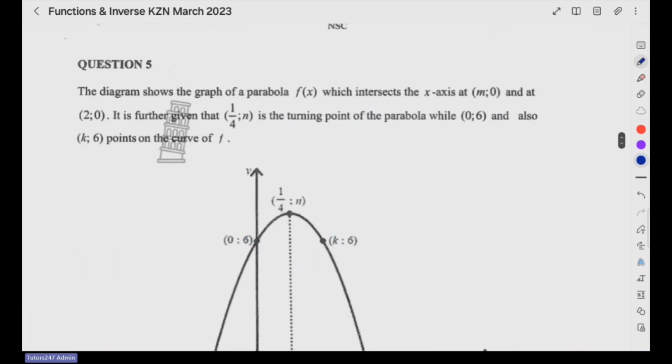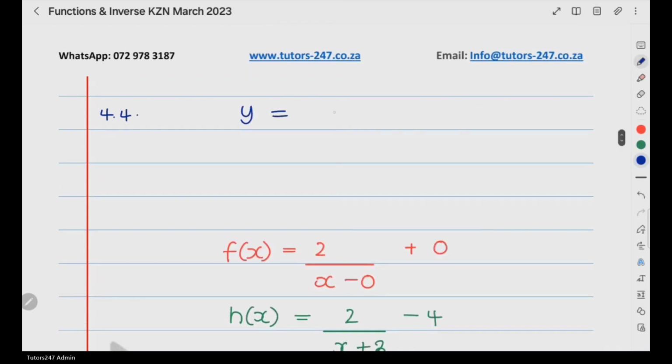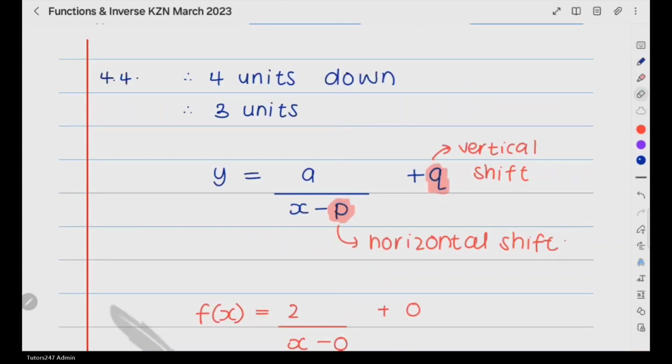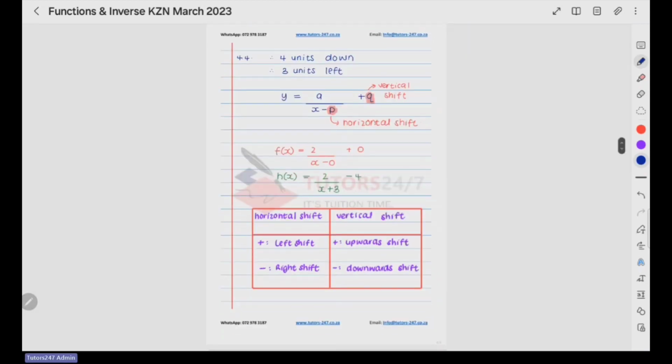If we answer question 4.4, so that is our solution to question 4.4.